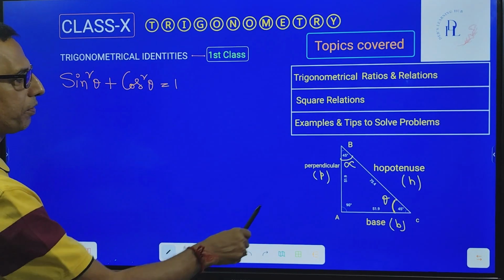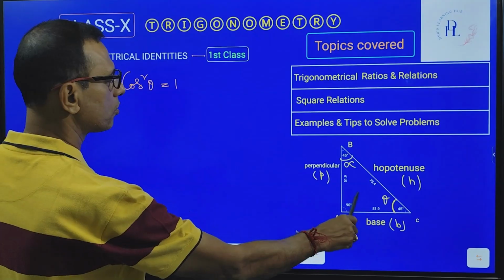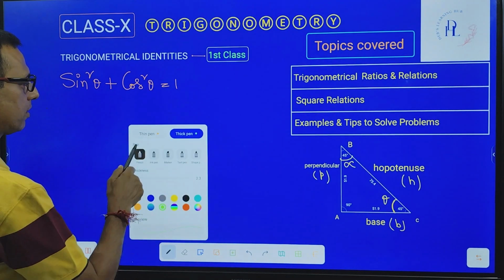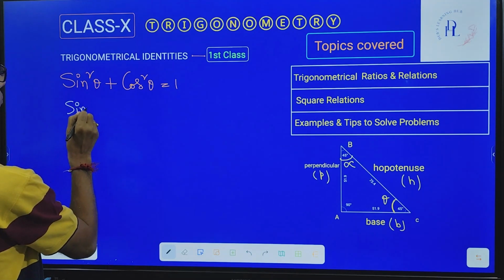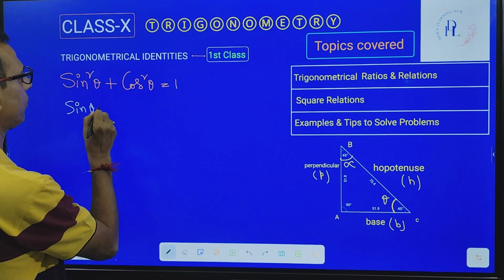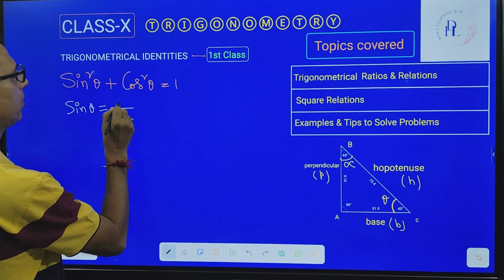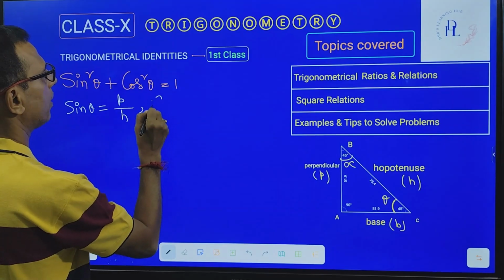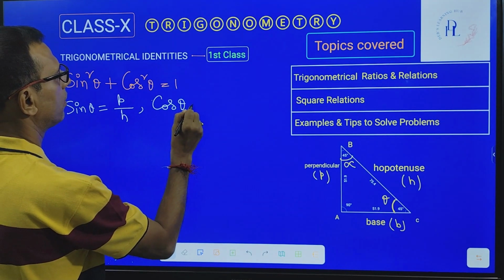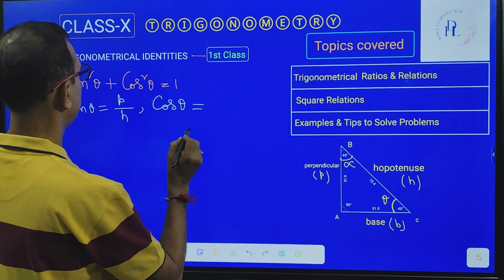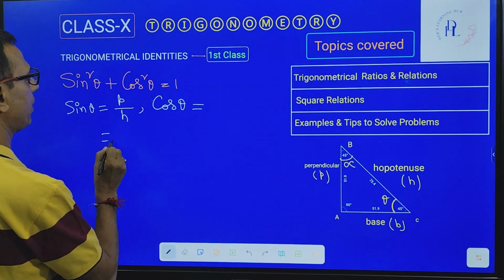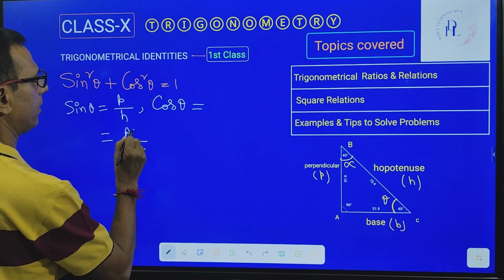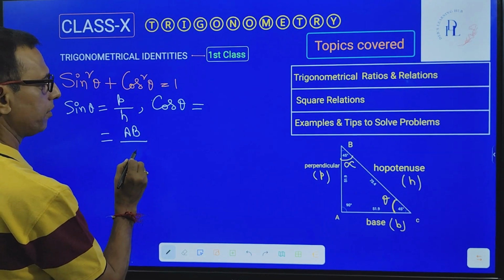How can you prove that? You can prove that straight away from here. What is the value of sin theta? The value of sin theta equals perpendicular by hypotenuse, that means it is AB by BC.